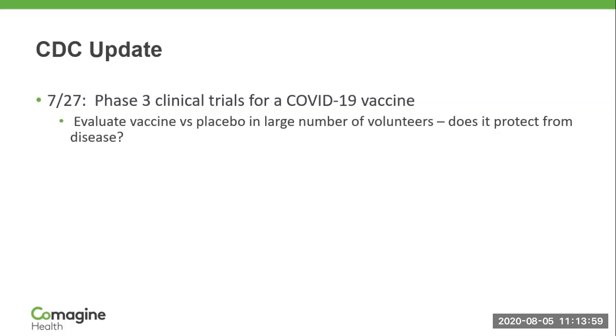But now the plan is to distribute it to 30,000 people, I believe, and some get vaccine, some get placebo, and compare those to see, does it really protect against actually getting the disease? So that's pretty exciting, and that was a new item in CDC. Next slide.